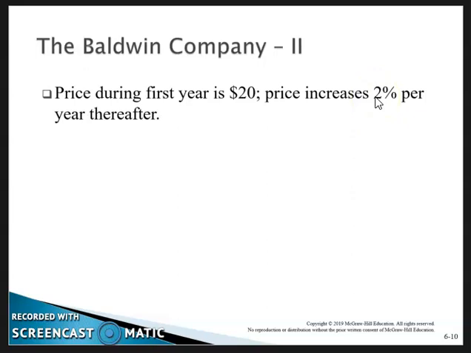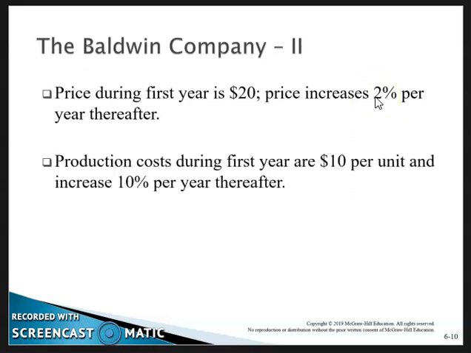We're taking into account the price costs. However, production costs are $10 per unit during the first year, and then they're going to increase at a 10% rate. So again, we're taking into account inflation. The inflation rate is 5%, but that's actually irrelevant to the project.